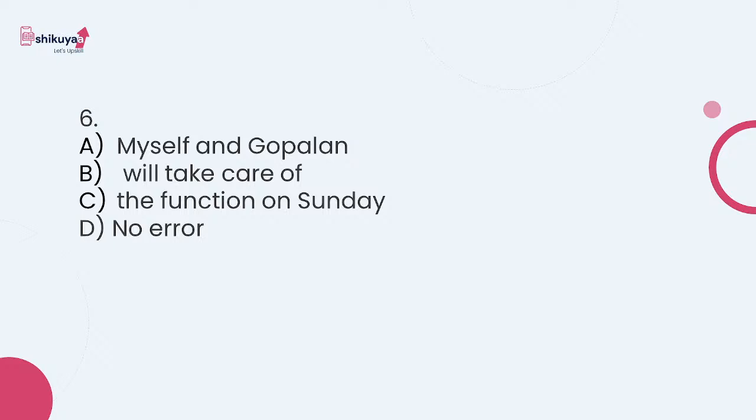Okay, so part A, myself and Gopalan. So students, if you see, there is a problem in using the word myself here. Instead of it, we should use I in this part.